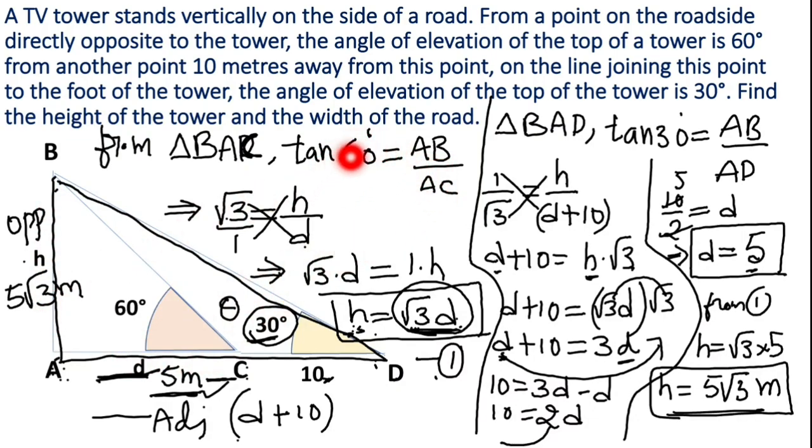Now substitute the values. Tan 60 degrees value is root 3. So this can be written as root 3 by 1 is equal to H by D. Now do the cross multiplication. Root 3 into D is equal to 1 into H, that is 1H. Then we get H is equal to root 3 into D. This is equation 1.